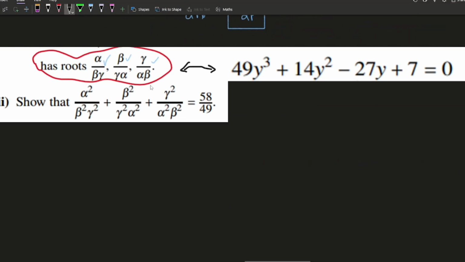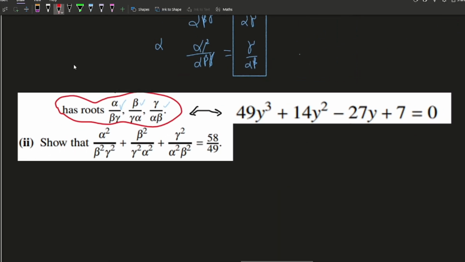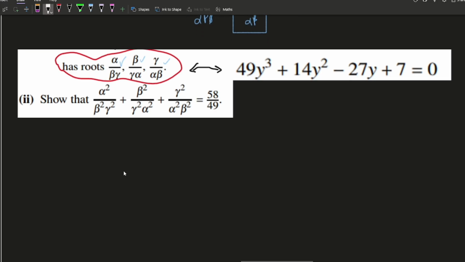Now if we notice carefully, first of all, part 2 is asking us to show that this is equal to this. How can you show that? This is a pretty simple question. As you guys notice carefully, this is actually equal to alpha, beta, gamma square. If we were to square the roots for this equation, we should get this.